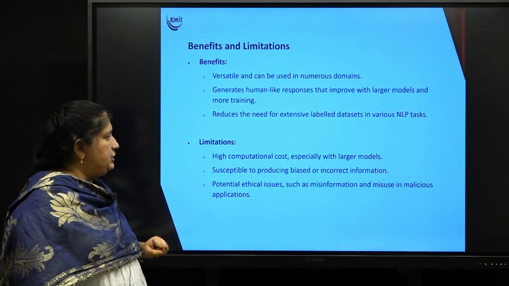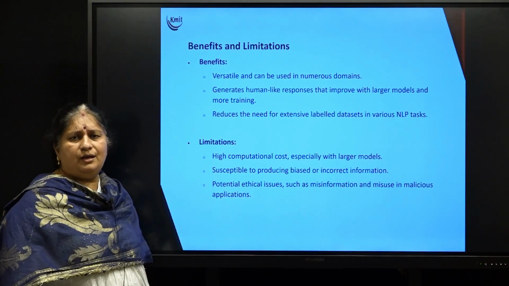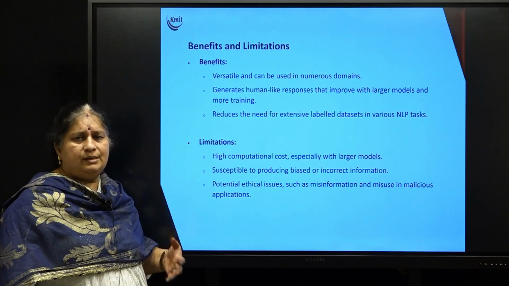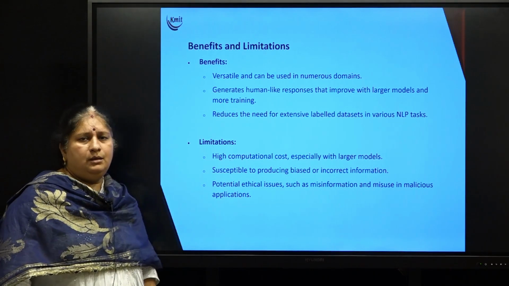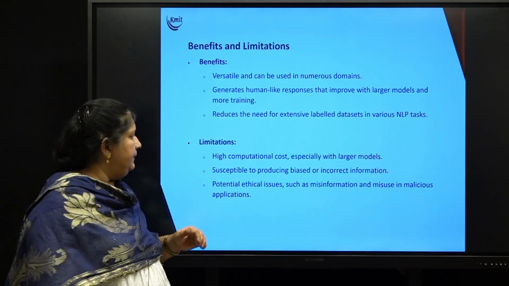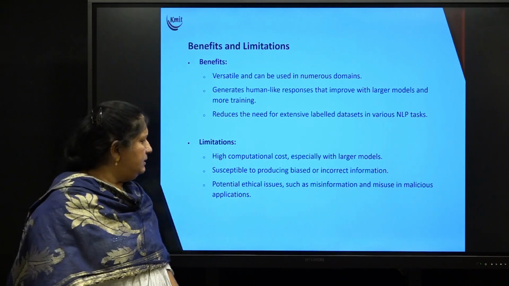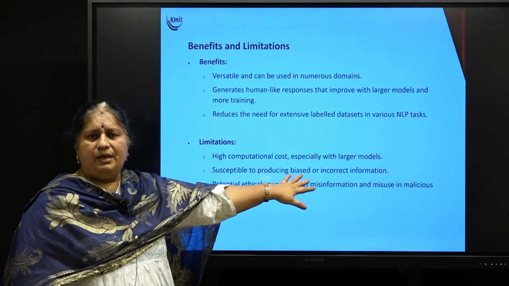What are the limitations? Definitely, whenever we are working with huge amounts of data, volumes of data, vast amounts of data, you need to have high computational speeds, thereby the computational costs will be incurred. And sometimes it can produce biased information, or sometimes it may be incorrect.